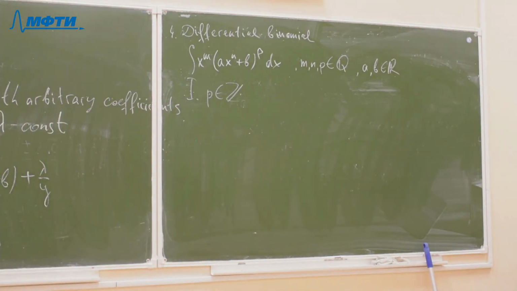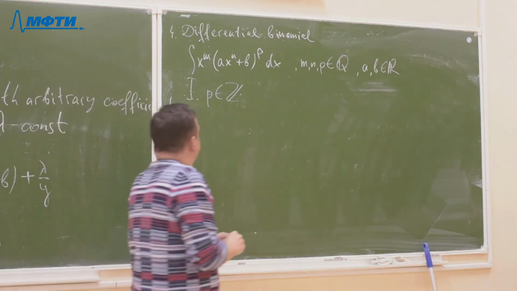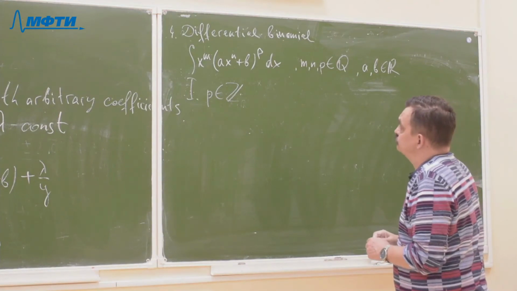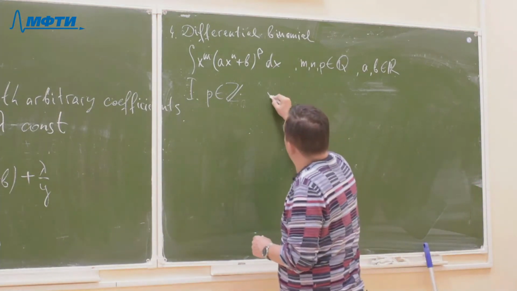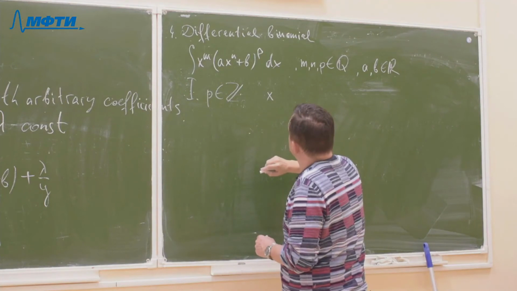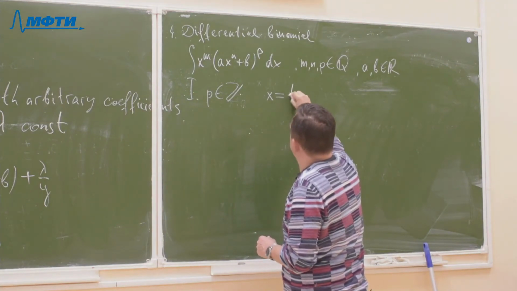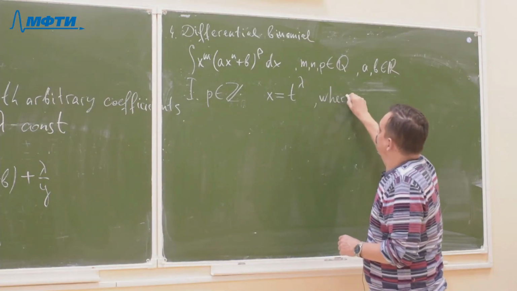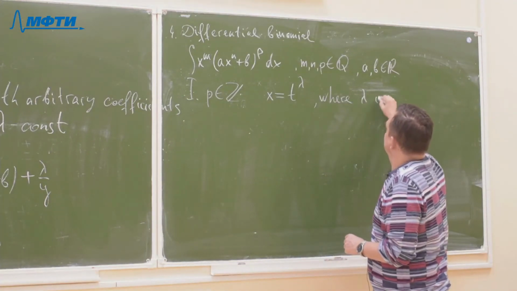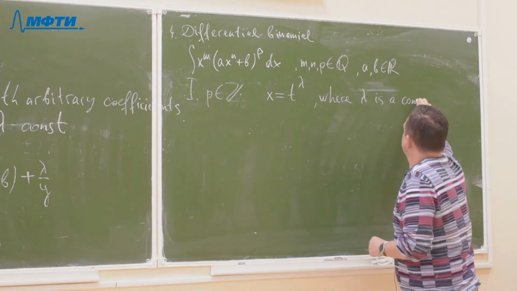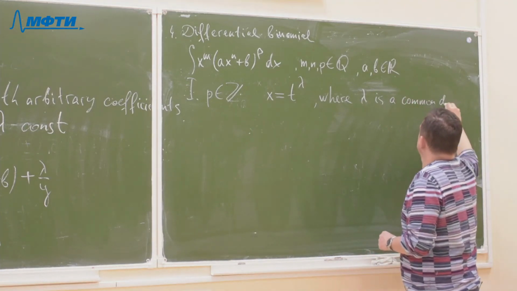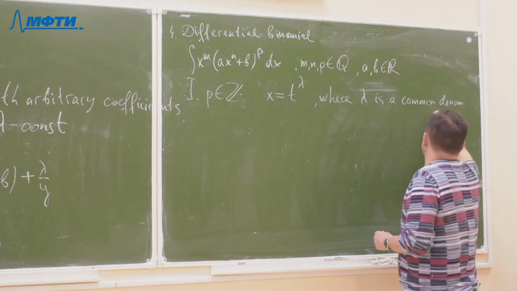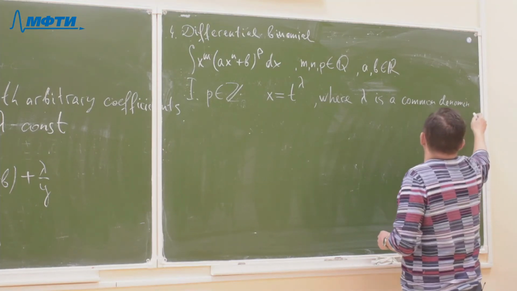If p is an integer, then we can make a substitution x equals t to the power lambda, where lambda is a common denominator, in fact the least common denominator, but not necessarily.